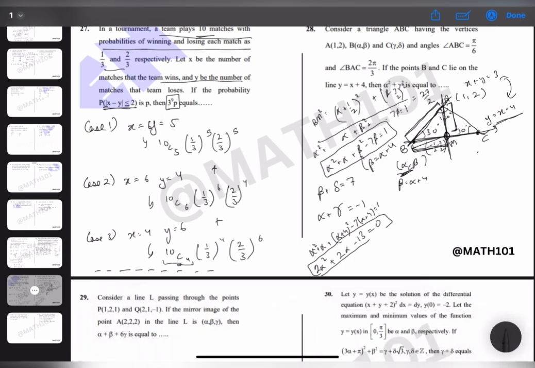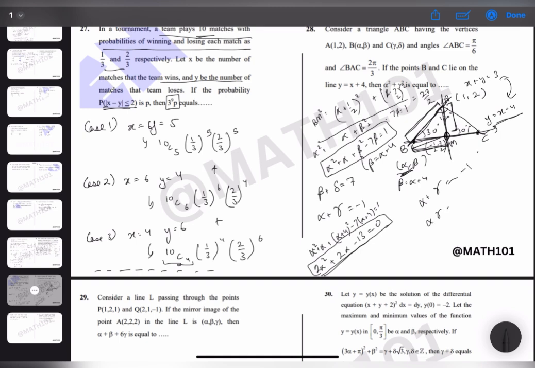And we are required to find the sum of the squares of the roots. So we know that alpha plus gamma equals to -1. Alpha gamma is equals to -13/2. So alpha square plus gamma square plus 2 alpha gamma is the square of the sum of the roots, which equals 1.